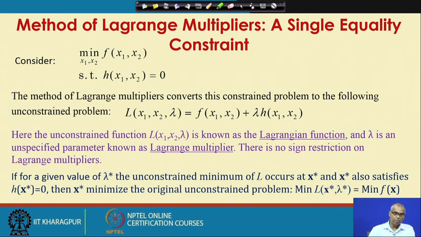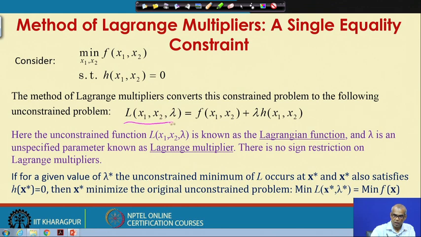If for a given value of the Lagrange multiplier, let us say lambda star, the unconstrained minimum of the Lagrangian function L occurs at x star, and x star also satisfies the equality constraint h equal to 0, then x star minimizes the original constrained problem.